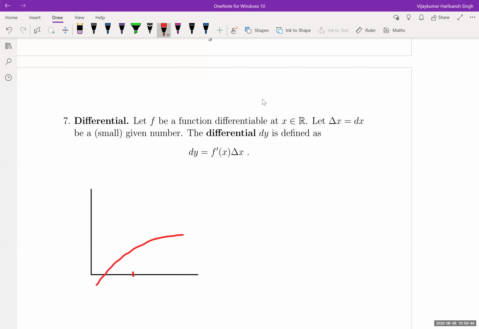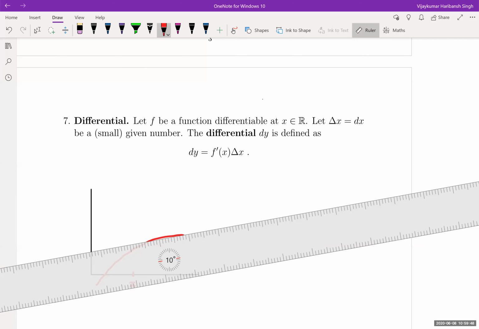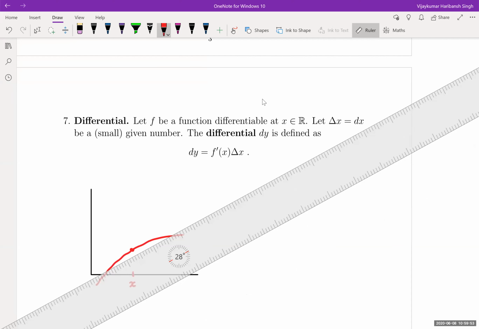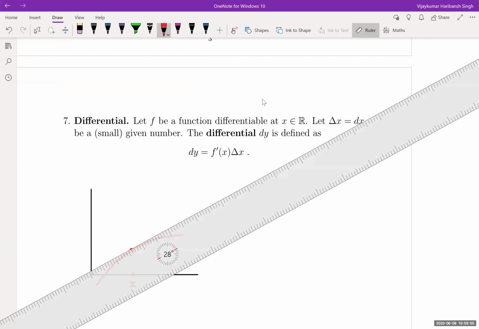At point x, you draw a tangent line. At this point, let's draw a tangent line.